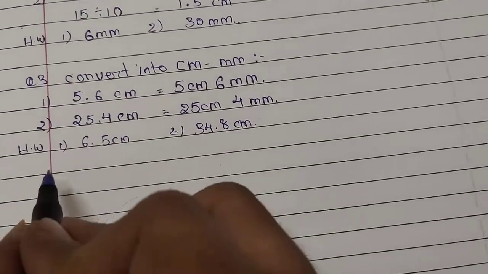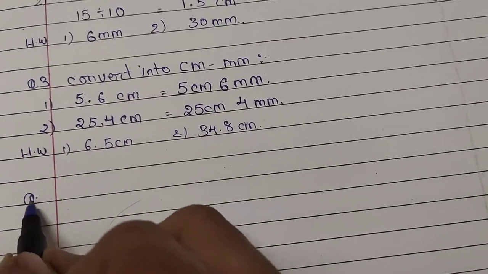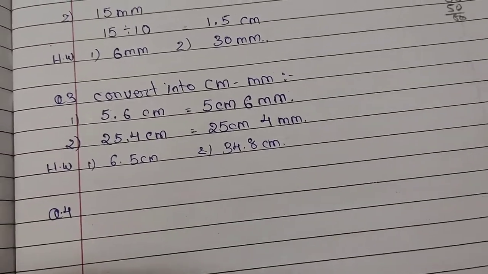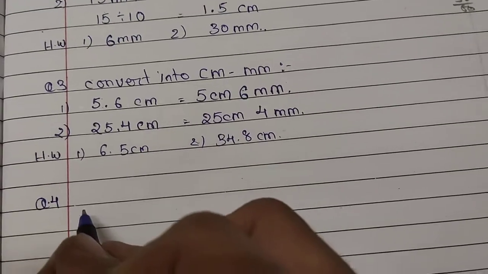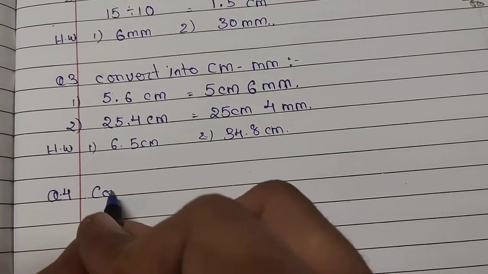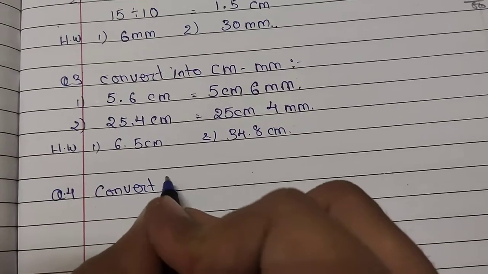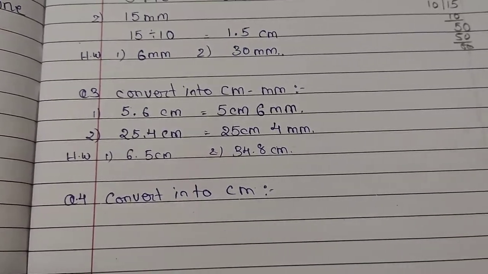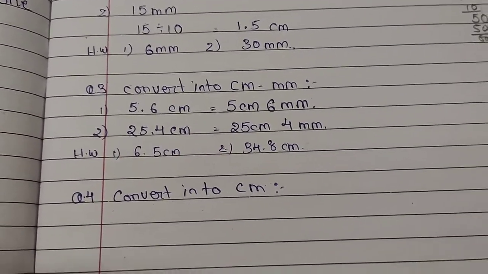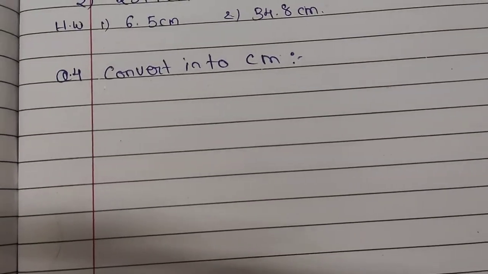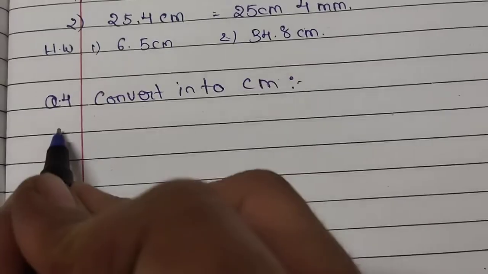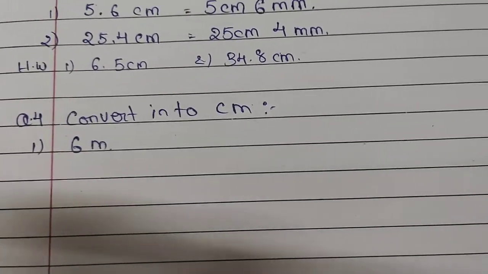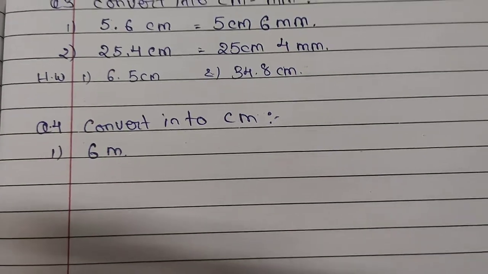Okay. Now, question number 4. Convert into centimeter. What is given to us is 6 meter, and meter we are supposed to convert in centimeter.